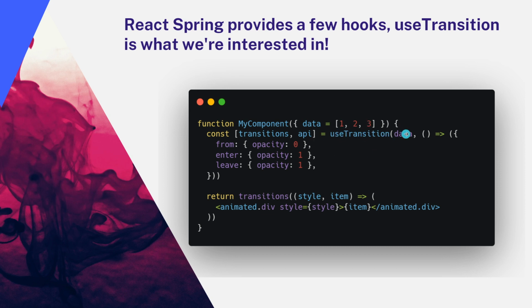The first argument is the array of elements or an array of data on which we want to provide that transition. The second argument is the spring values that we saw in the previous example. It's nothing but from, enter, leave, and a config if possible, and all those event handlers are also possible.